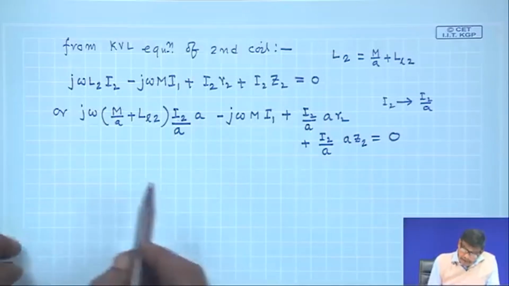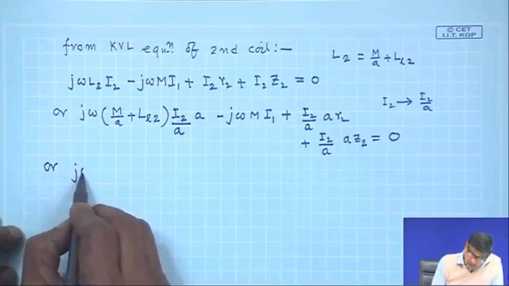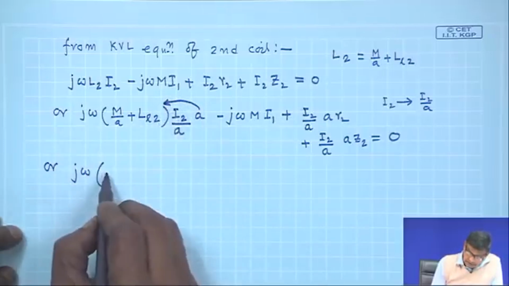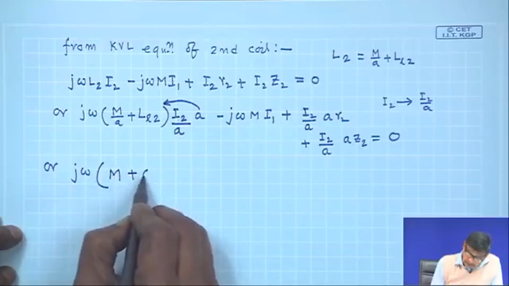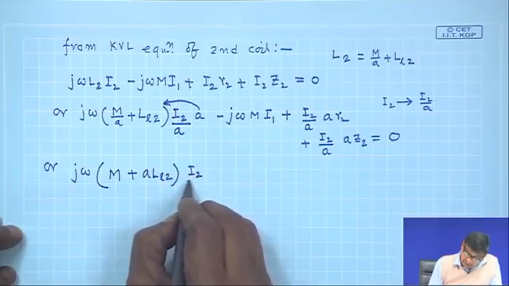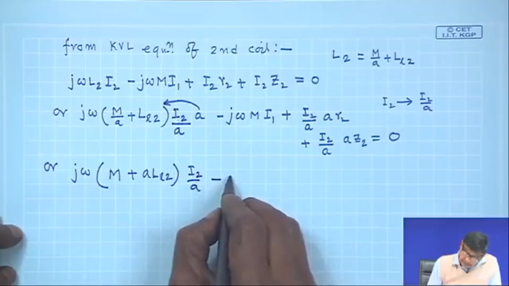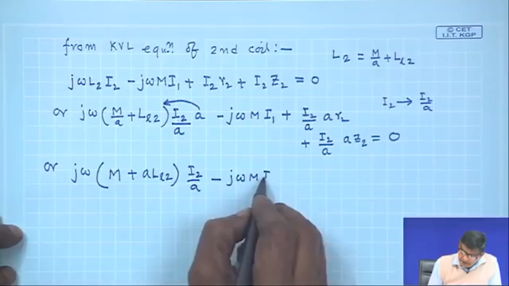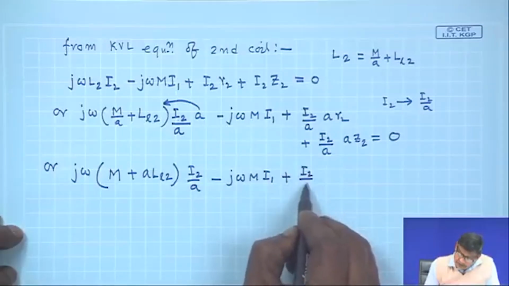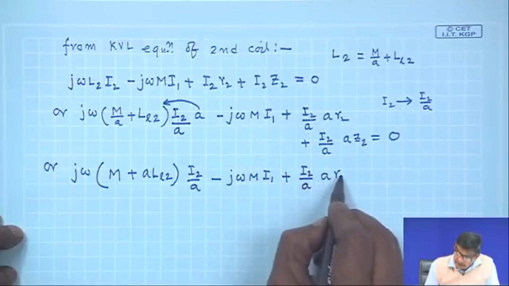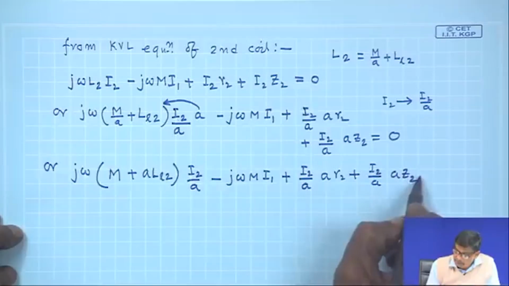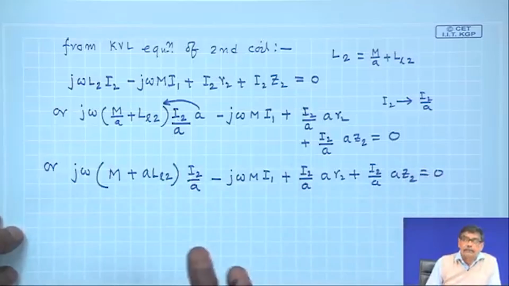Now, for j omega, this small a you push it inside, so that it will be M plus a LL2 into I2 by a, minus j omega M, wherever I1 is there, do not disturb it, plus I2 by a into R2 plus I2 by a into Z2 is equal to 0. Mind you, all are complex numbers.